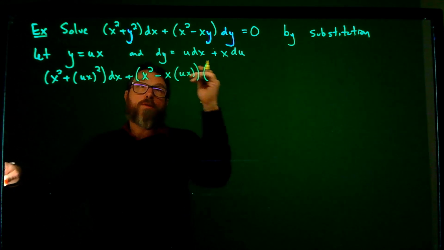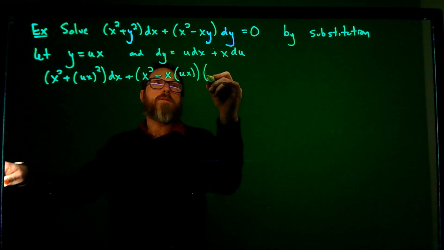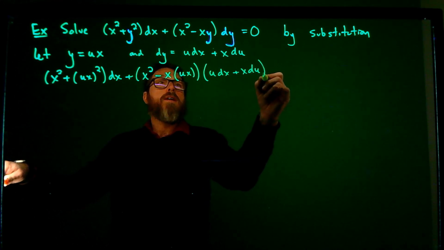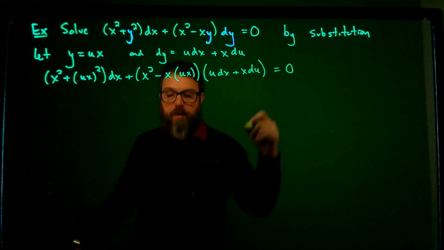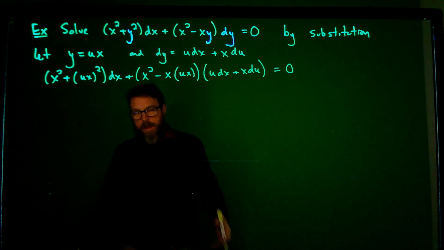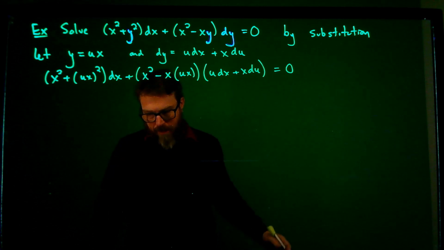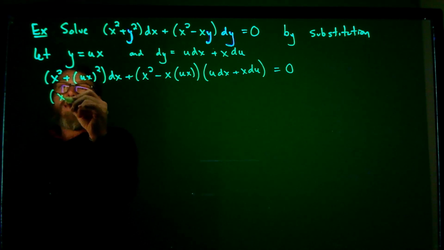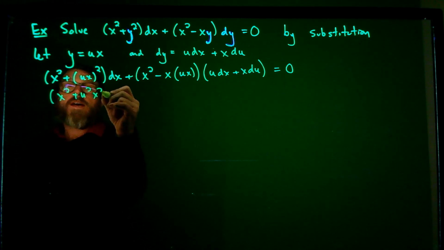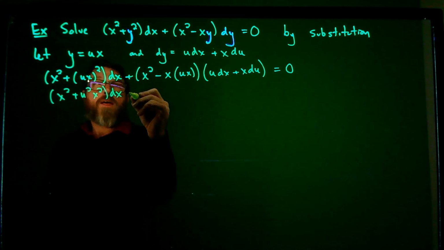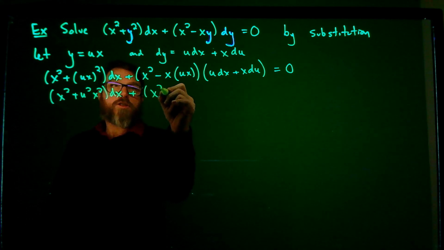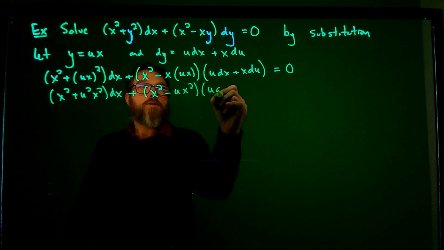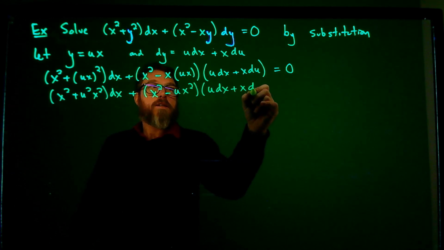And then don't forget our dy, which is this binomial, u dx plus x du, and this is all going to be equal to 0. So we're going to expand and simplify and then eventually separate. This is equal to x squared plus u squared x squared dx plus x squared minus ux squared times u dx plus x du.